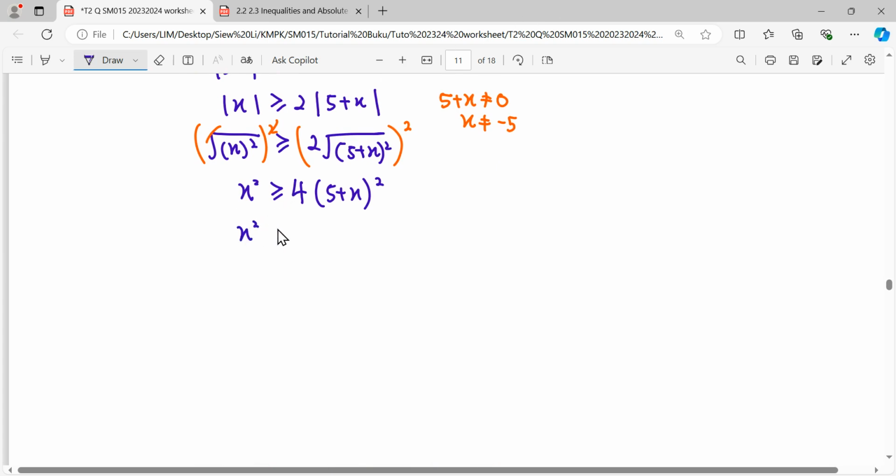So for quadratic inequalities, we're going to expand this. And we rearrange it to the right hand side.